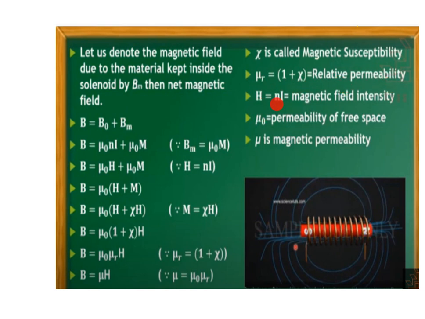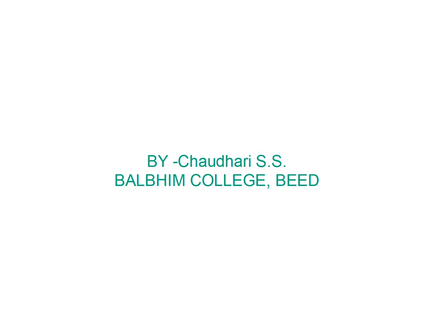H is equal to N into I, which is the magnetic field intensity. N is the number of turns and I is the current. Then mu naught is the permeability of free space and mu is the magnetic permeability. So, thank you.